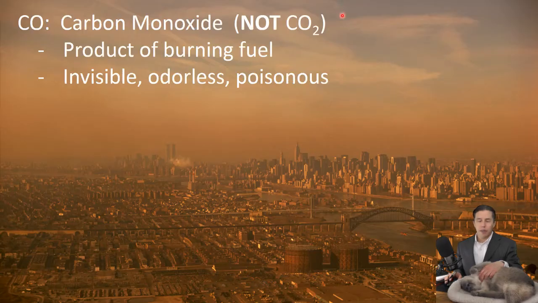Carbon monoxide, next on our list. Carbon monoxide is often confused with CO2. Okay, CO versus CO2, two different things. Carbon monoxide, like almost everything we've been talking about here, is a product of burning fuel. So carbon monoxide, you can't see it, you can't smell it, but it's poisonous.